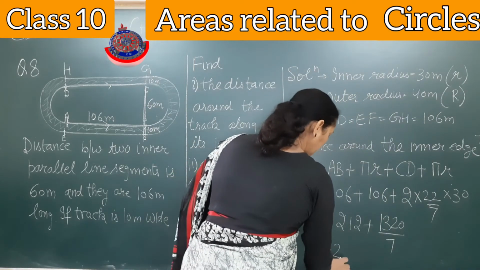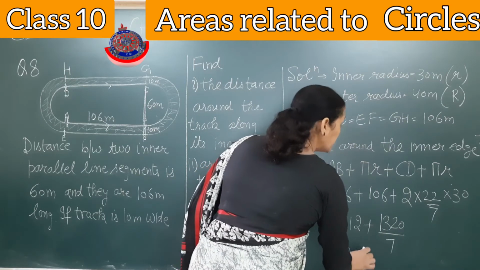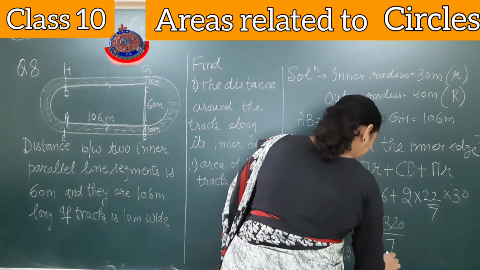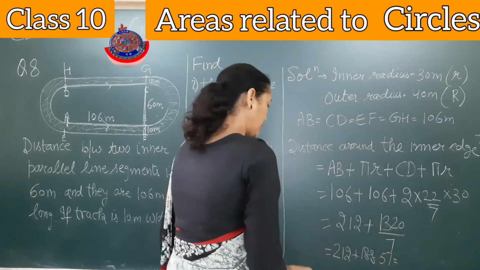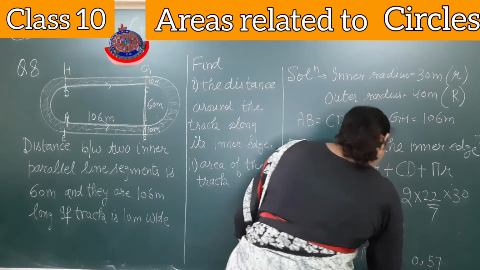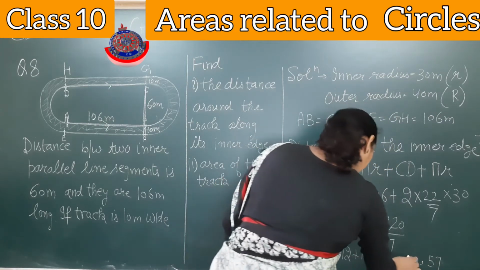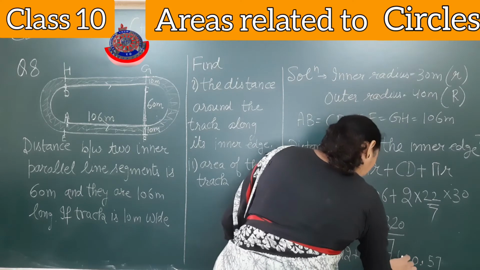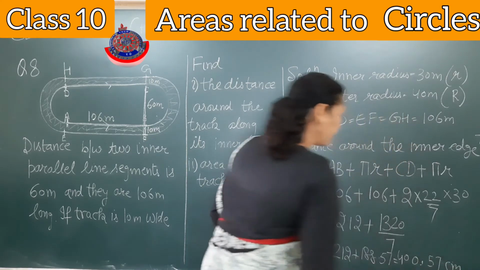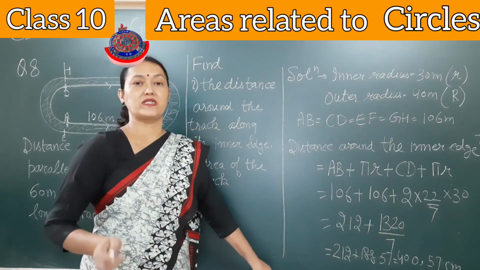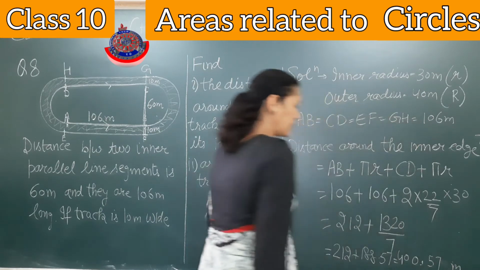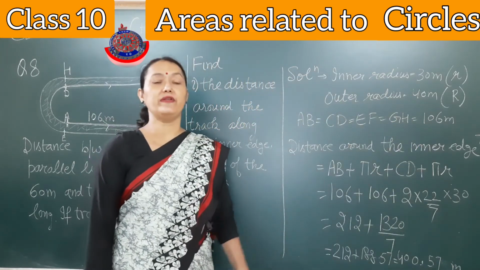So we'll have 212 plus 188.57. So total will come 400.57, because we are talking about distance, so distance will be in meters only. So it is 400.57 meter.